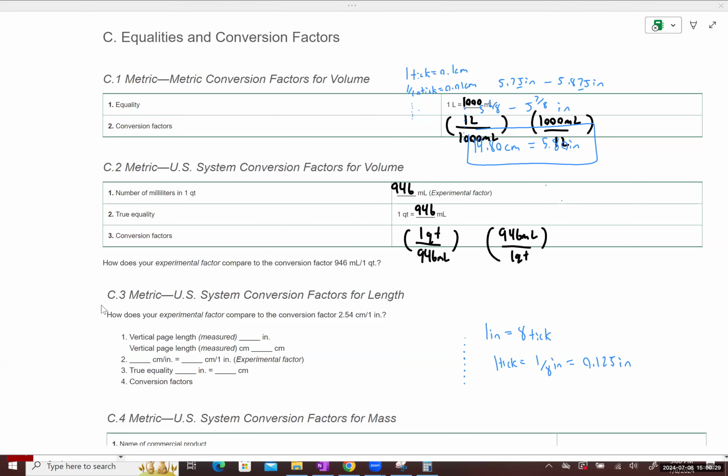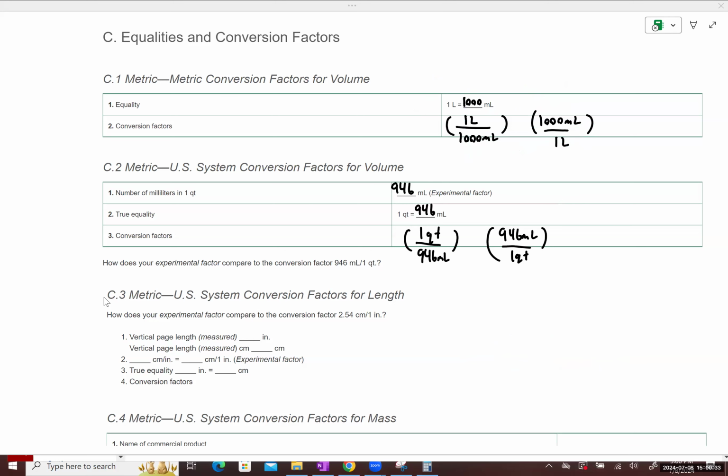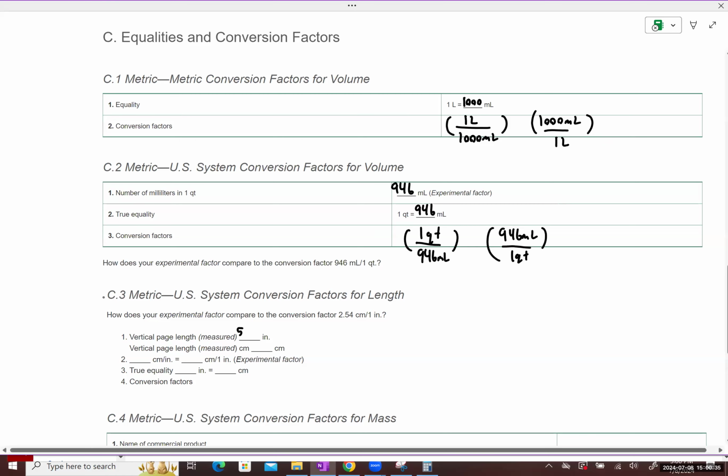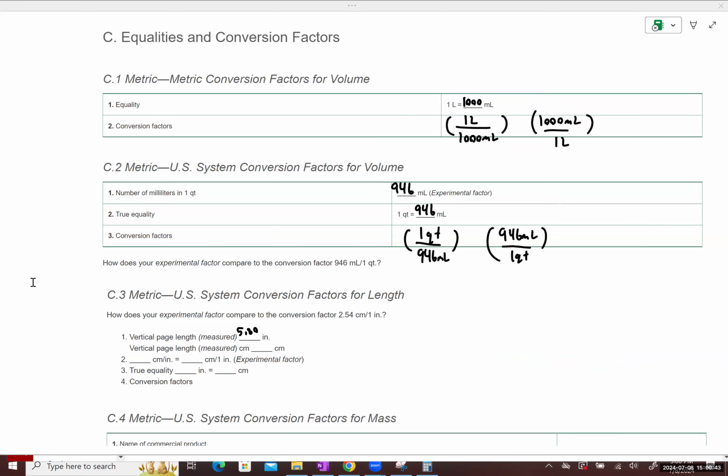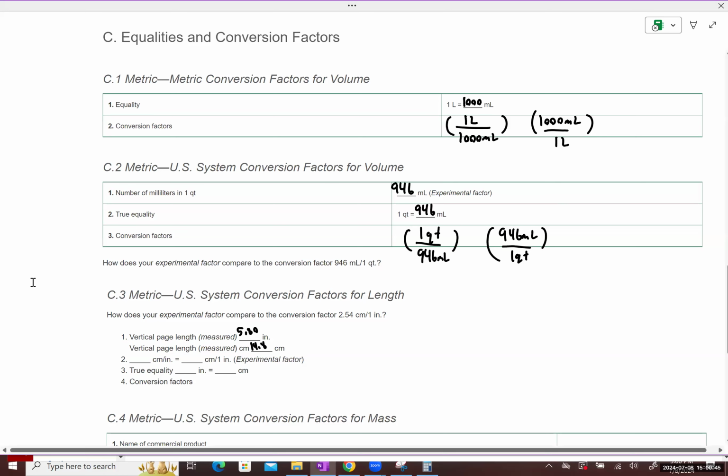So the vertical length of the page, we measured it as 5.80 inches. And let me just check, 14.80 centimeters. Okay, so now we're ready to calculate an experimental equality. We need to figure out how many centimeters are in 1 inch.